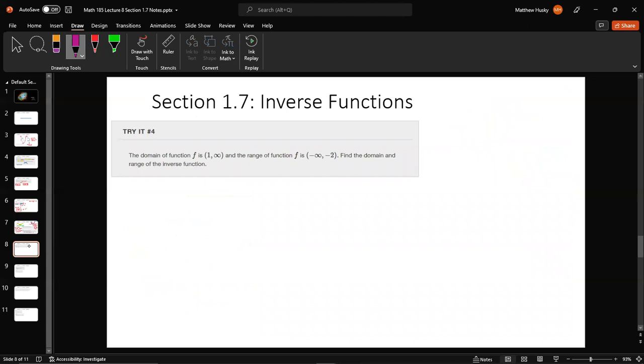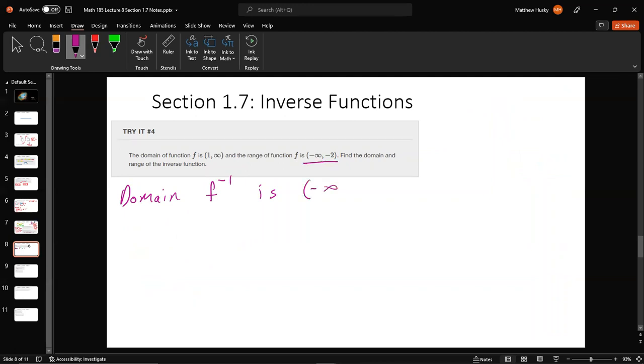The domain of function f is 1 to infinity. The range of function f is negative infinity to negative 2. Find the domain and range of the inverse function, okay? So we'll do the domain of f inverse, it's basically going to be what was originally the range.